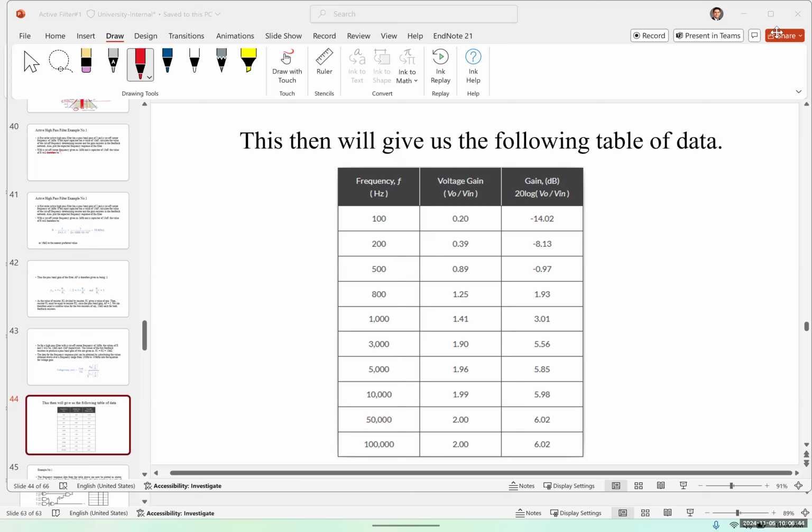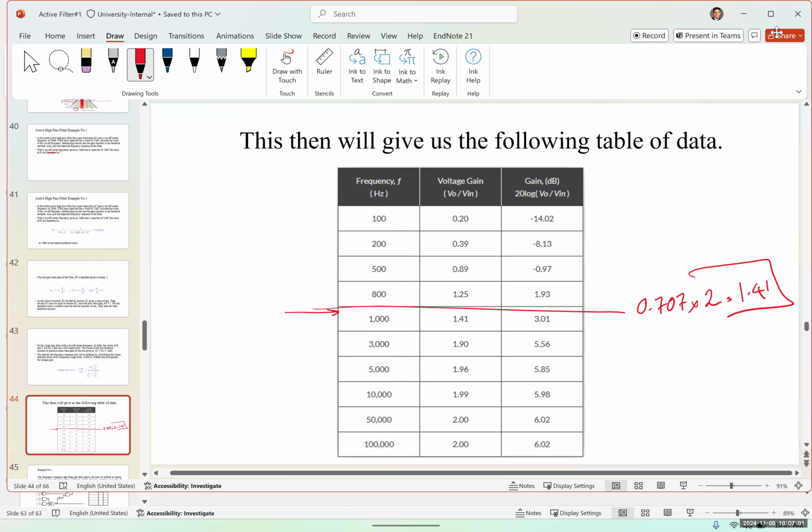So you can see it's getting pretty close to the gain of 2, which is our maximum gain.